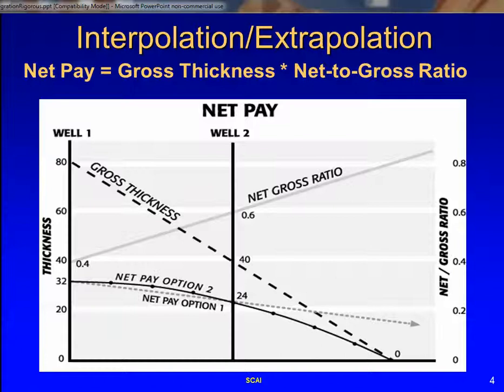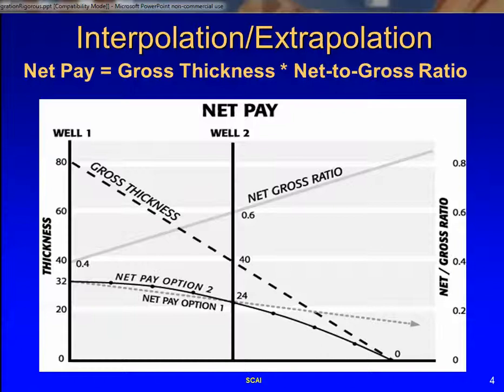If we calculate net pay by multiplying net to gross ratio and thickness at each well and mapping the product, that product extends beyond the edge of the field. However, if we map gross thickness and net to gross ratio separately and then calculate the product, that product properly goes to 0 at the edge of the field.